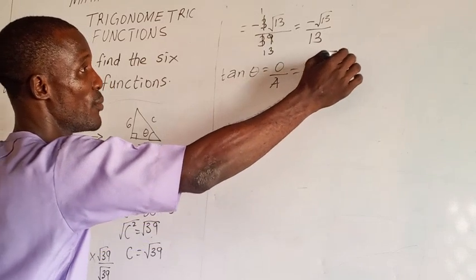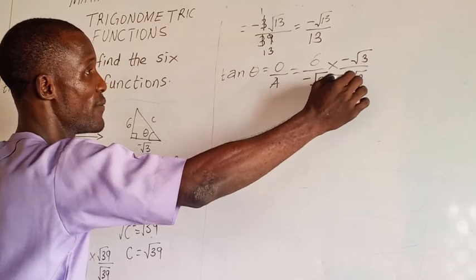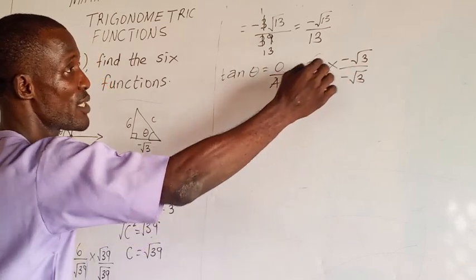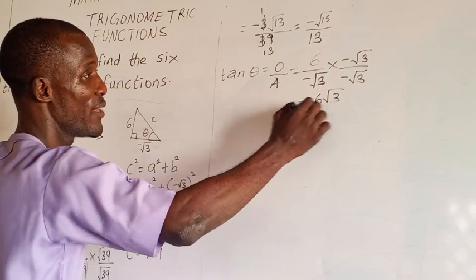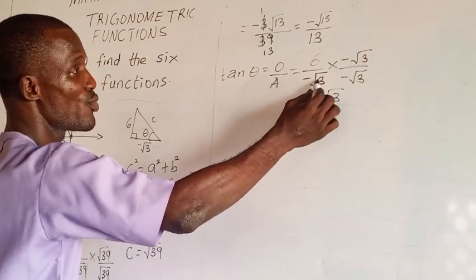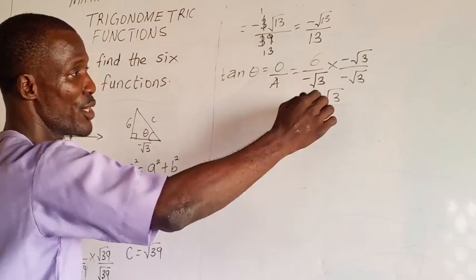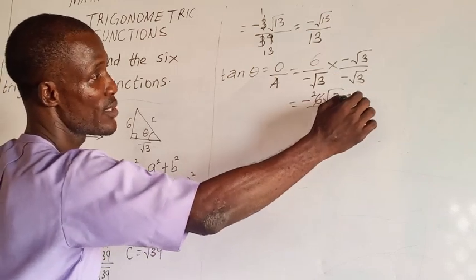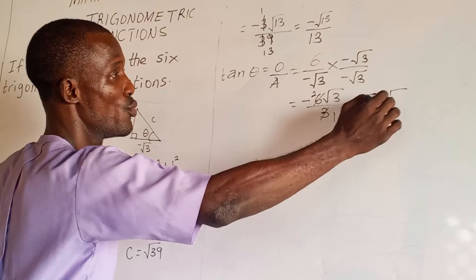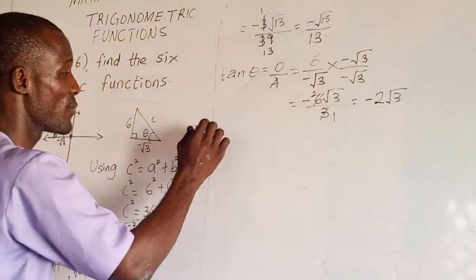Rationalize the denominator, multiply by negative root 3 over negative root 3. So this is going to give us 6 times negative root 3, that's minus 6 root 3, divided by minus root 3 times minus root 3, which gives you positive 3. So 3 here 1, 3 here 2. This leaves us with minus 2 root 3. That is our tan theta: negative 2 root 3.